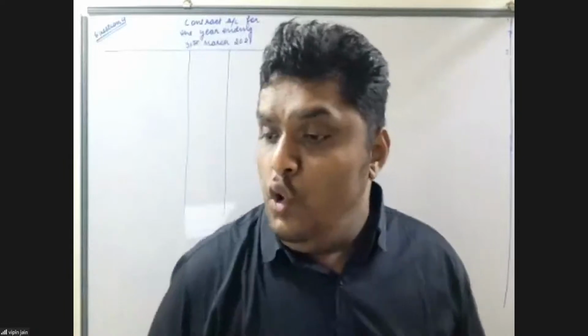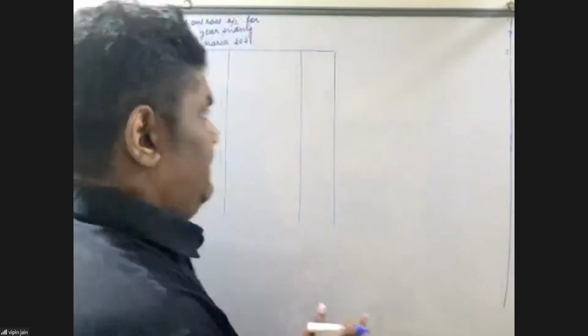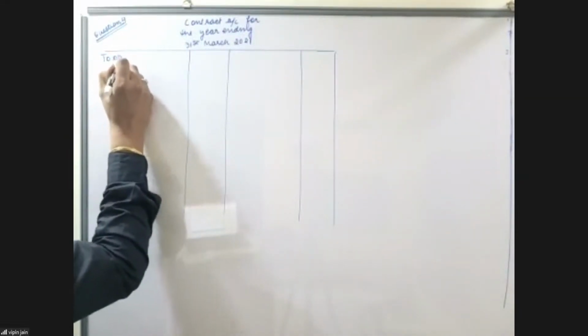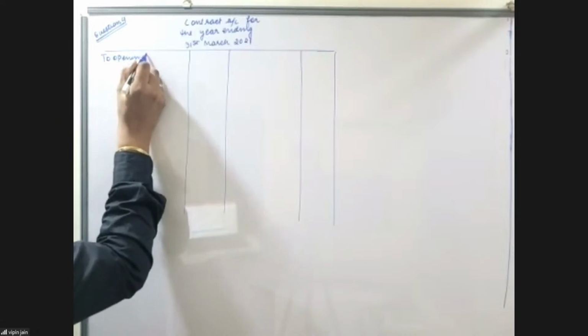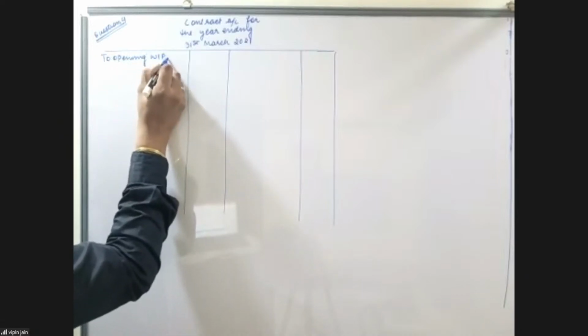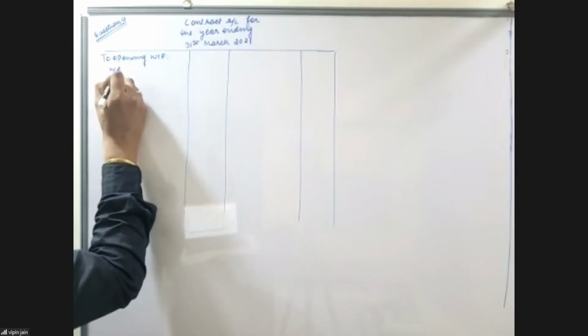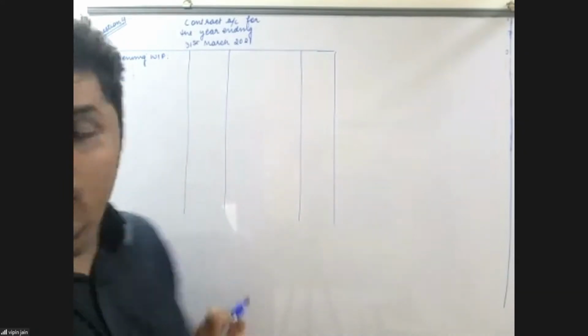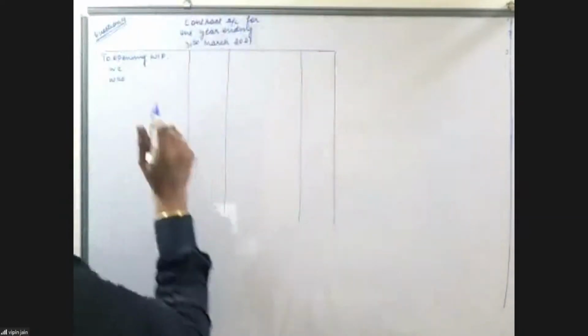So let's start with the opening work in progress. Work certified and uncertified is given, and that is 2,50,000 and 10,000.